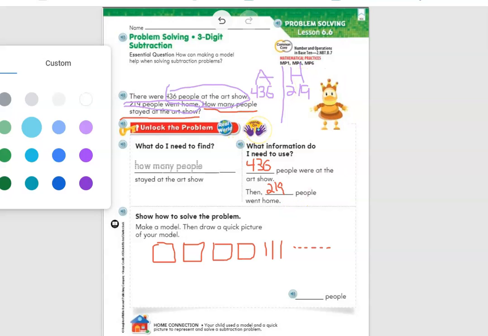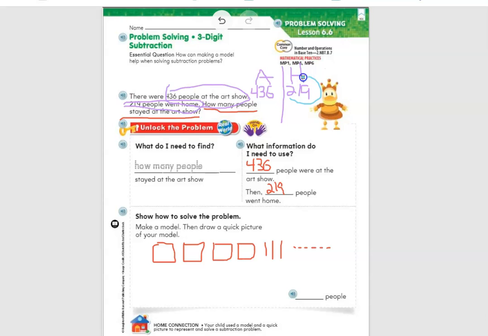So I'm going to actually work backwards right now to show you something. So I'm going to look at this number 219. If 219 people leave, then I'm going to go to my model and I'm going to say 200. So I'm crossing off 100, I'm crossing off 200. Then I'm going to cross off 19. And I know 19 is 10 and 9.